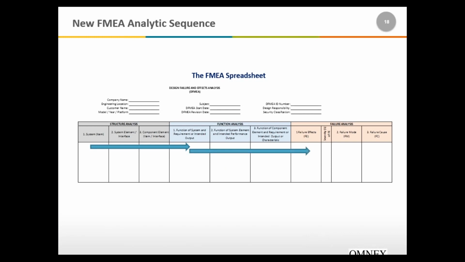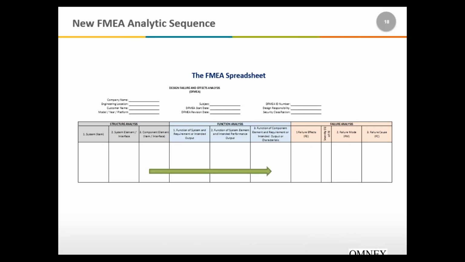All right. Next, what do you have? You have the higher level element, and it has functions and requirements, and it has failure modes. And then you have the lower level element. It has functions and requirements, and it has failure modes. This is the way the new FMEA is put together. And you'll have to think now a little bit to understand it's actually three-dimensional.